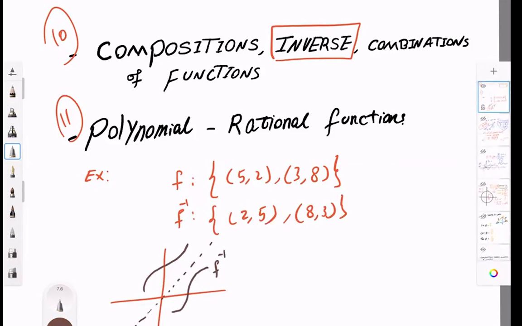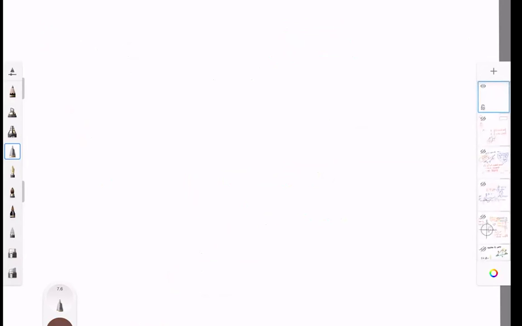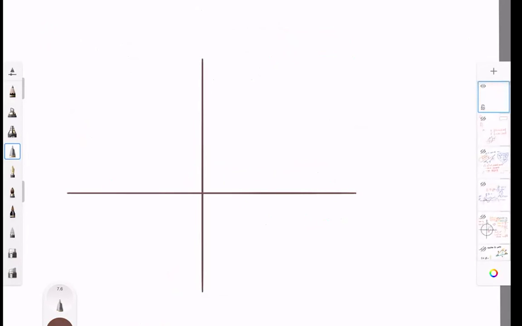All right, and we learned about one-to-one functions. A one-to-one function is a function whose inverse is a function as well. For example, this is g of x.